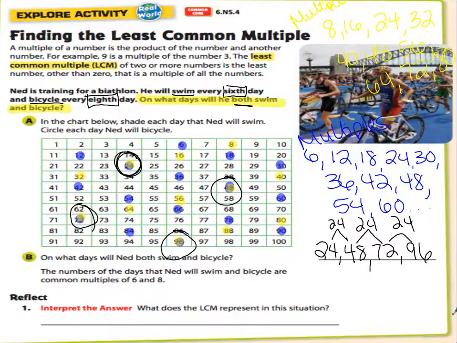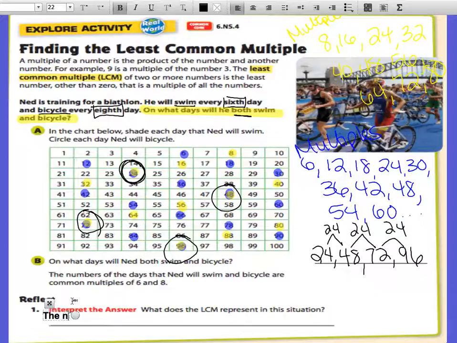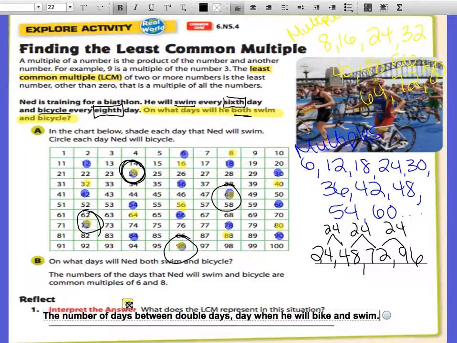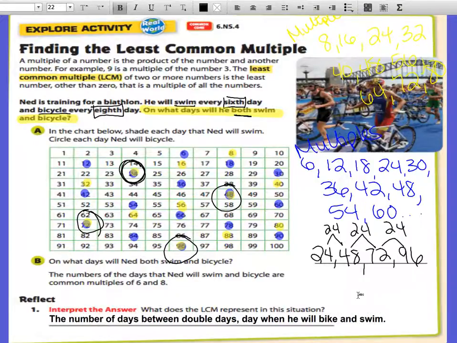So in this case, the LCM represents the number of days between double days, we can say, or days when he will bike and swim. So what that means is every 24 days, he will bike and swim. So even though he's doing something every 6 and 8 days, every 24 days, he will do both.